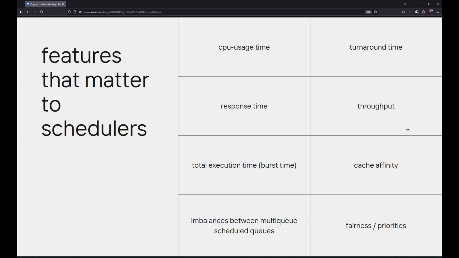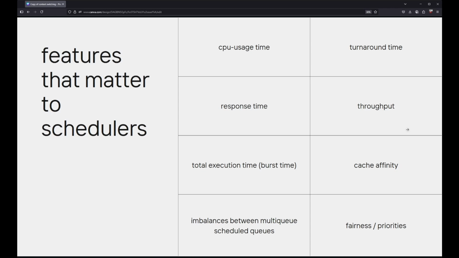Cache affinity is another thing. It isn't something that really affects schedulers, but it's a feature that matters to them, because when we do scheduling and allocate processes to various processors or CPU cores, the way in which we allocate them will affect our cache affinity.